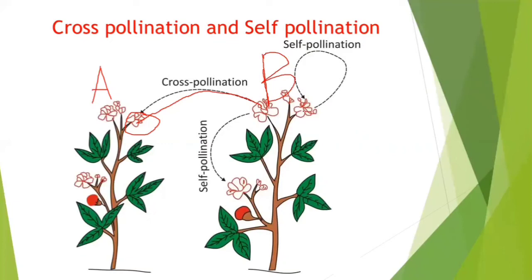In cross-pollination, the flowers are different, but of the same breed. Means if this is a mango, then only a mango will be there. It will not be mango and apple.